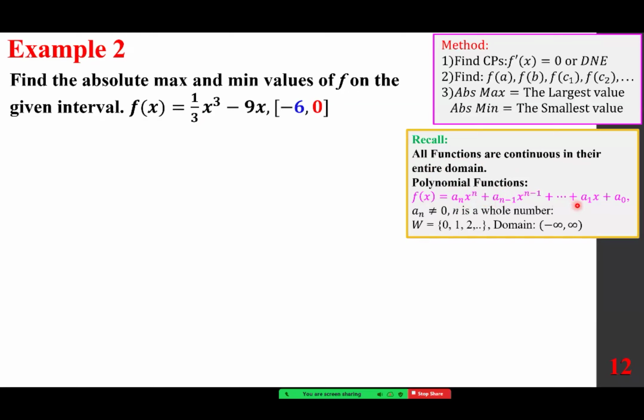So we found f prime, and the next step is to set it equal to 0. To set it equal to 0, we're going to factor it into x plus 3, x minus 3. When we set this equal to 0, it results in two answers, -3 and +3.